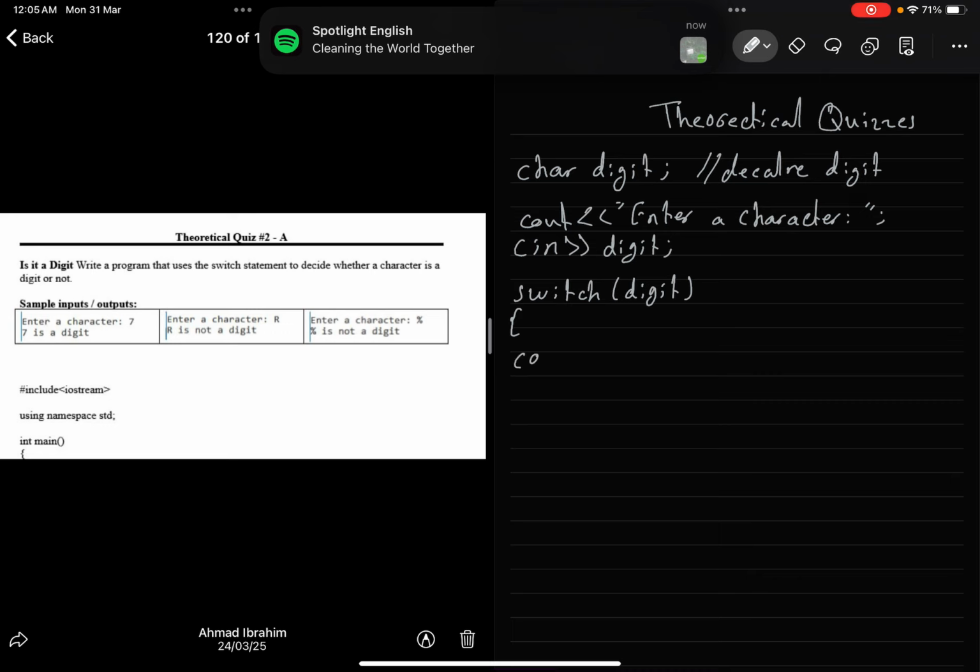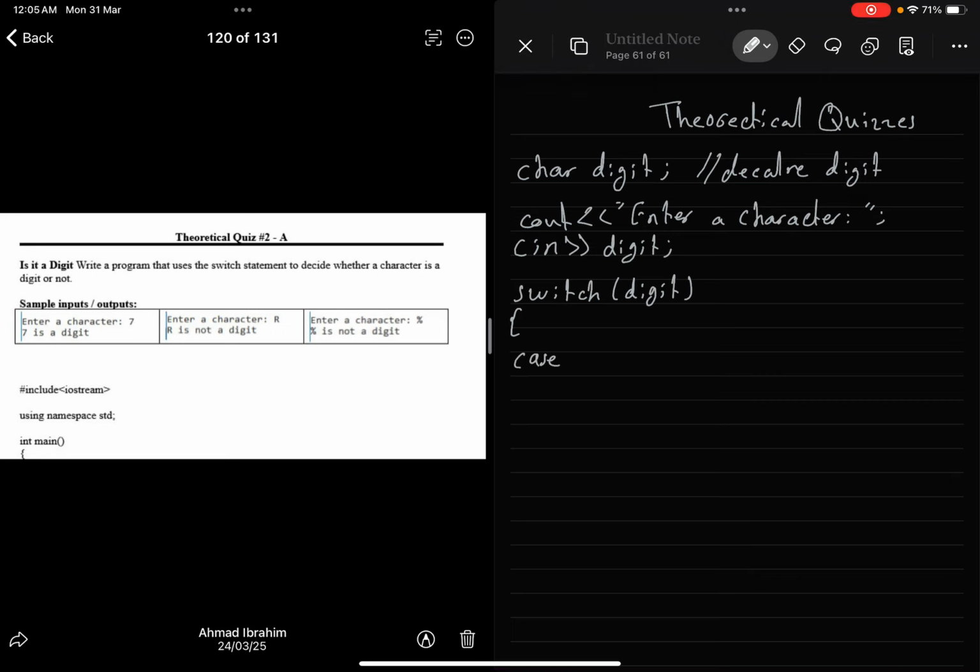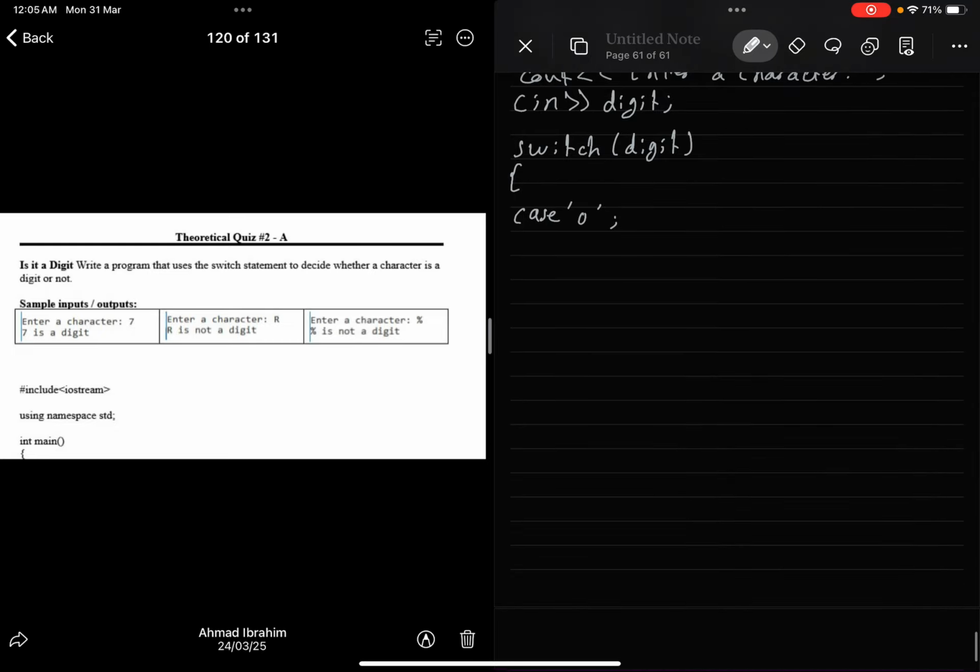So we have to write case. So case 0, and we have case 0 to 1.